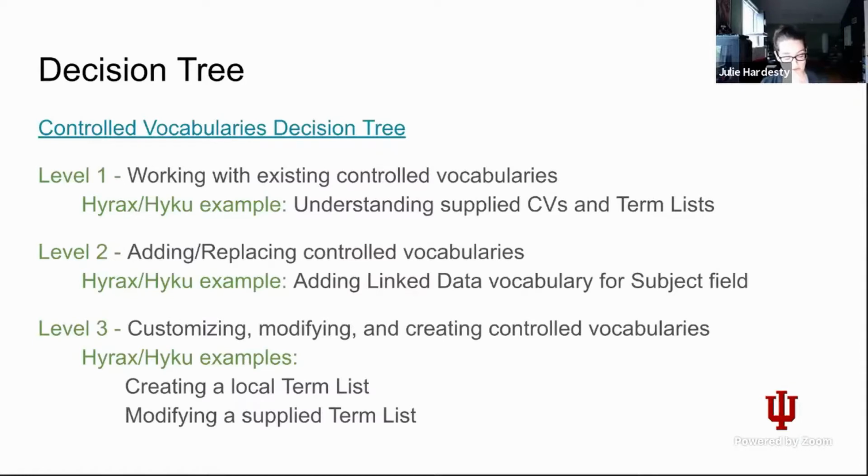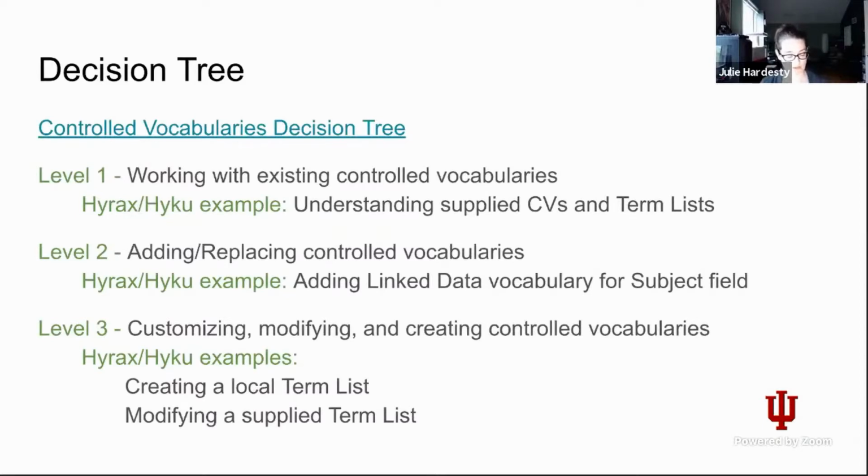And so for this first level, looking at supplied vocabularies, we're going through the fields that have supplied terms out of the box. So looking at location and resource type and rights statement and license. Those are all Hyrax fields that come with the term list available or controlled vocabulary connected. And the second level, we look at how to manage adding or replacing a controlled vocabulary.